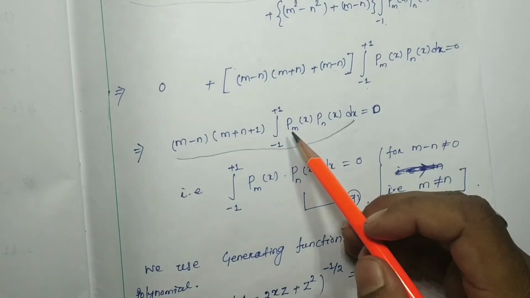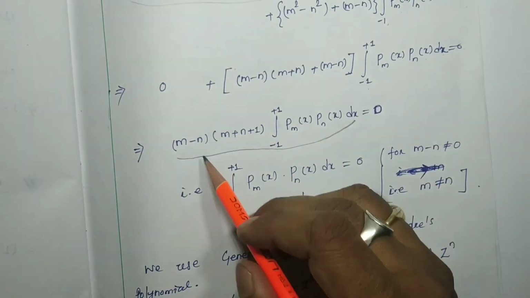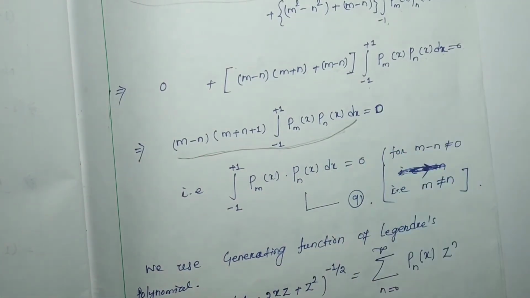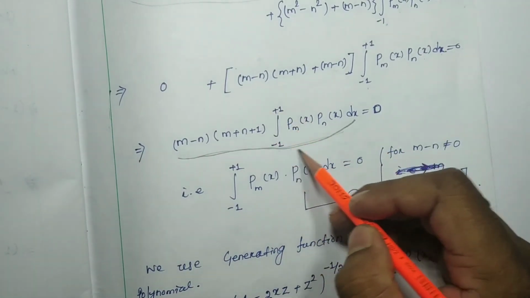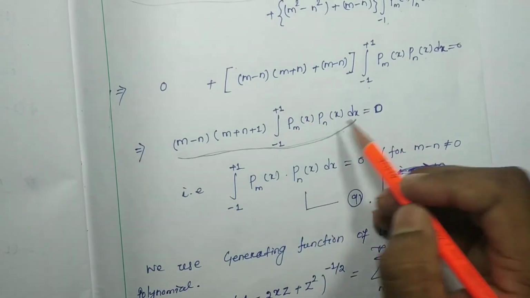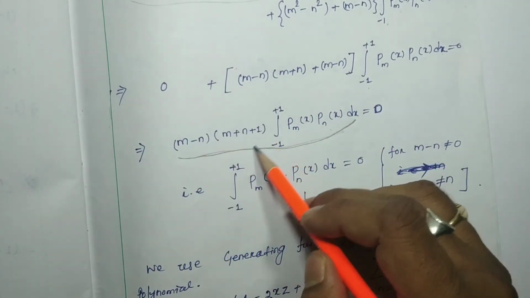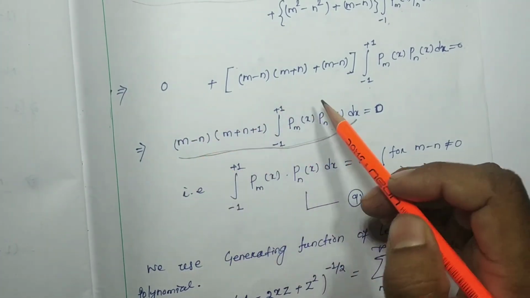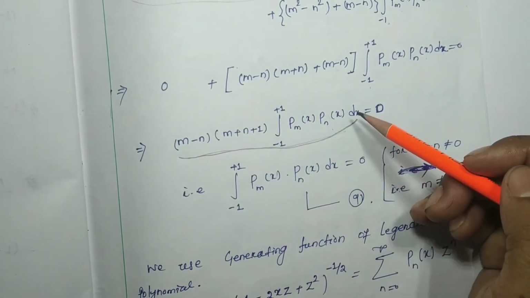Okay, that means the left hand side will be equal to 0. That means this integral part will be equal to 0 if this other part is not going to be 0, right? If this part is 0, then the integral part need not be 0.